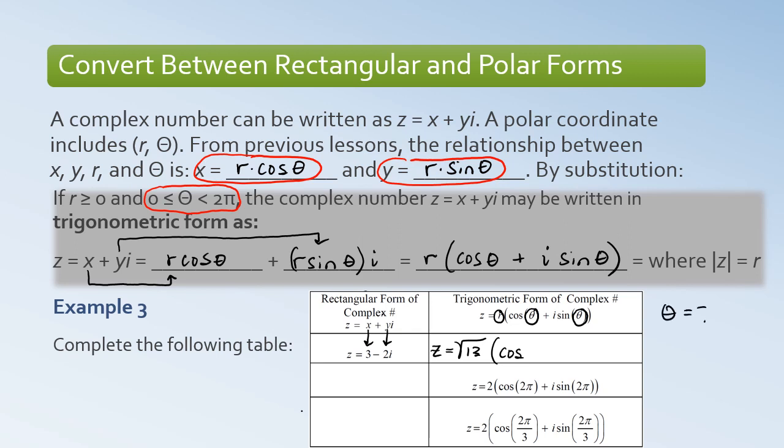Theta is equal to negative 0.588, but because of the period of the sine and the cosine curve, I know that if I add 2 pi to it, that will get me an angle that is equivalent to my theta. Now, if I take negative 0.588 and I add 2 pi to it, I get 5.69. So 5.69 is what I'm going to use, and I'm going to have that i on the outside.